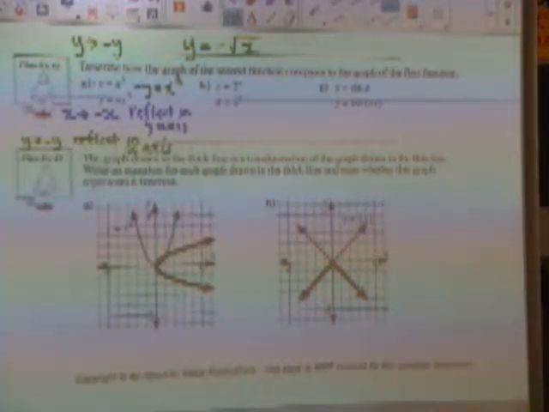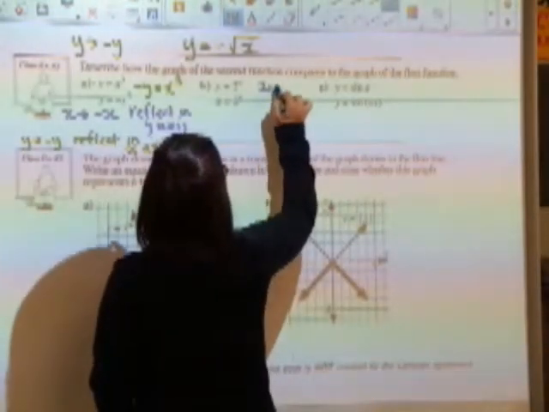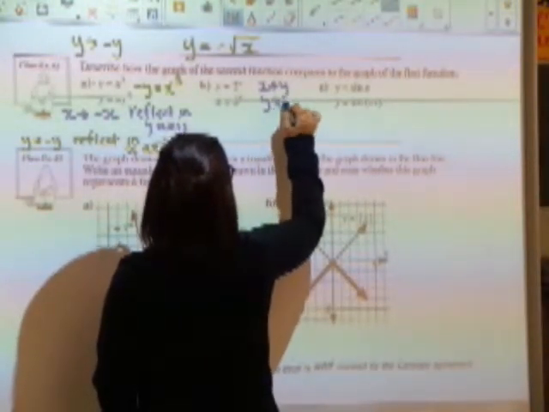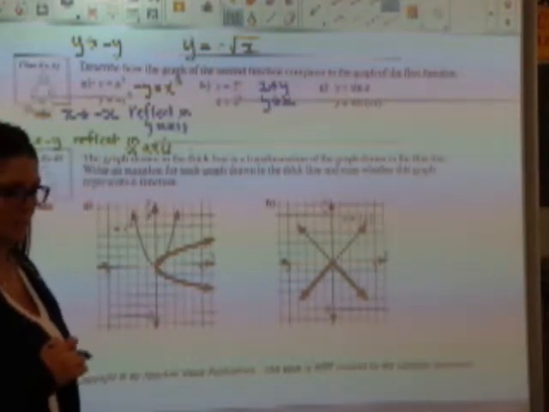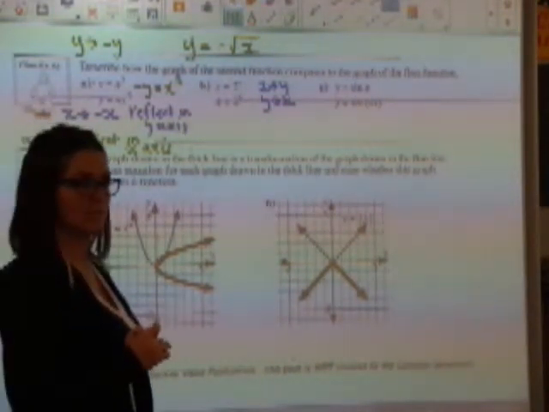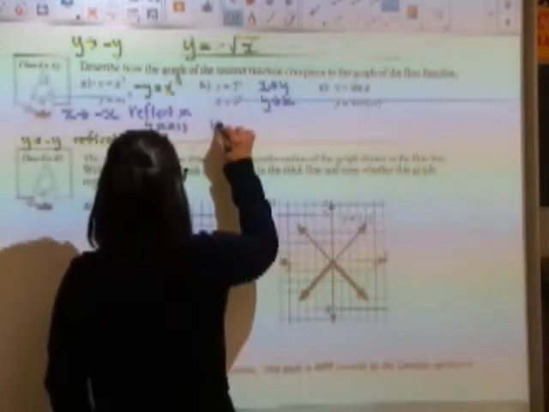What about b? Y equals 2 to the power of x, and x equals 2 to the power of y. X is replaced with y and y is replaced with x. So what kind of a reflection is that? A reflection in the line y equals x. Yep.